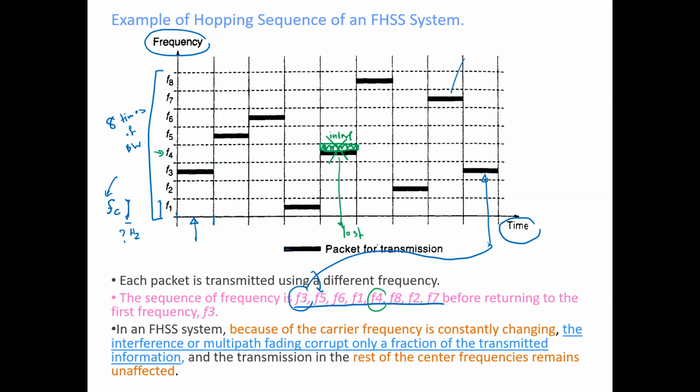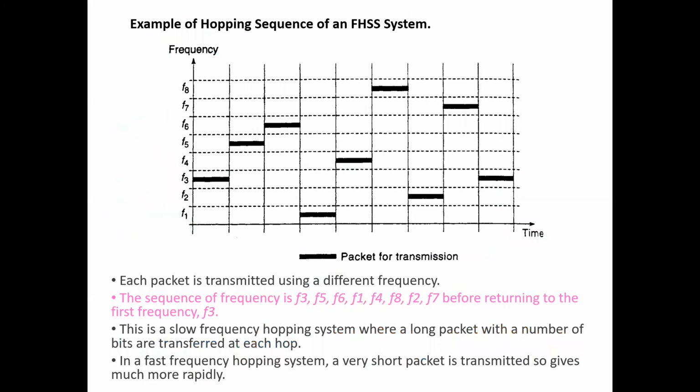So the interference and the lost packet can happen, but we can retransmit with a different frequency according to the sequence. At the receiving side, maybe this packet arrives later, but it's okay because we can rearrange later. Okay, that's a very good thing.